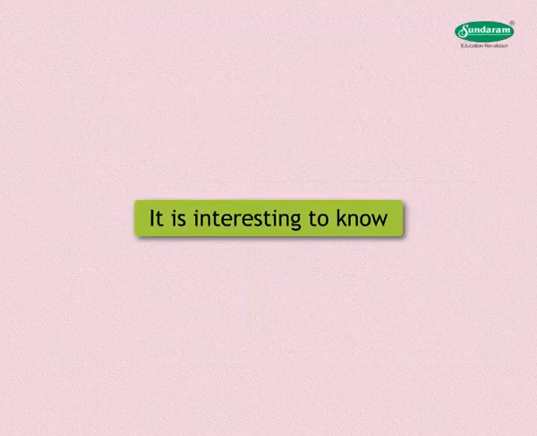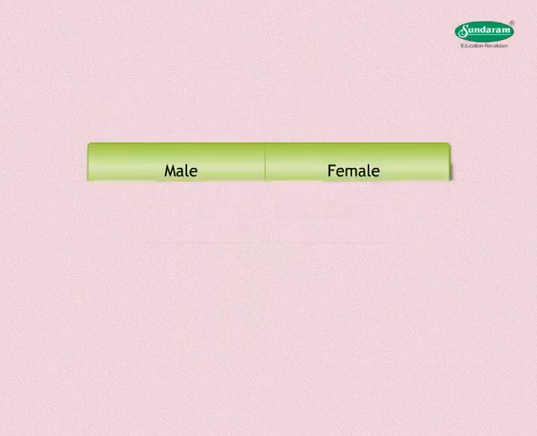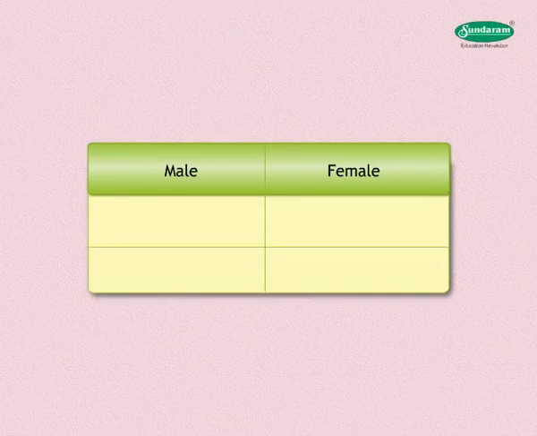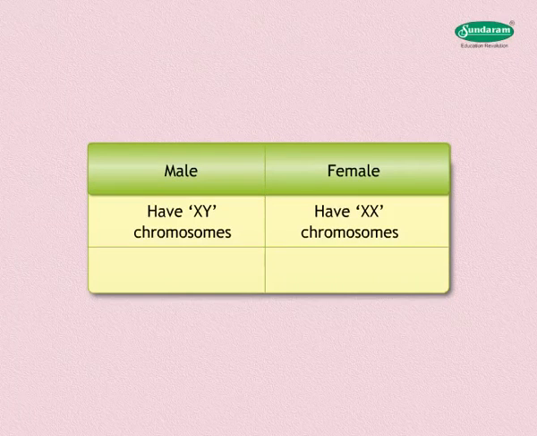Students, it is interesting to know that the opposite condition, unlike that of humans, also occurs, in which males have XX chromosomes and females have XY chromosomes. Here, males are homozygous and females are heterozygous.